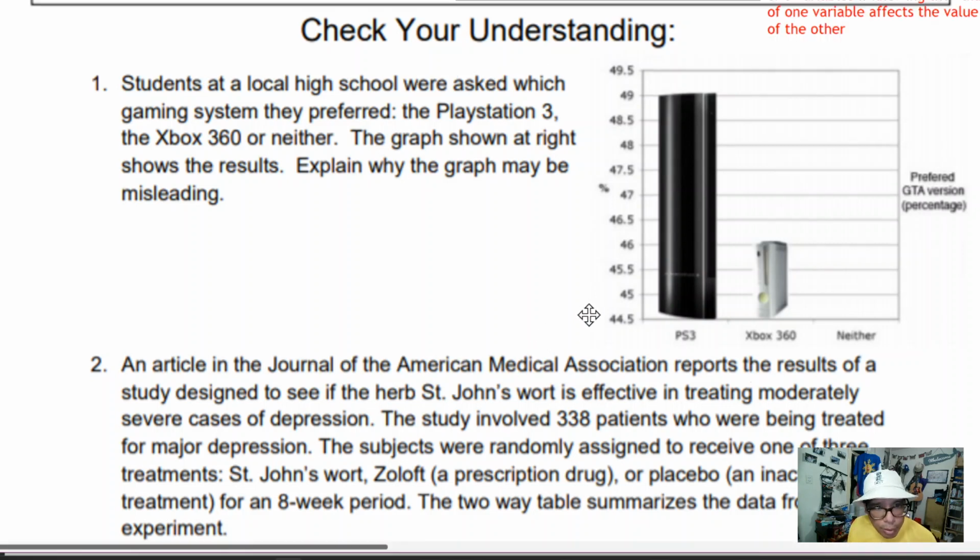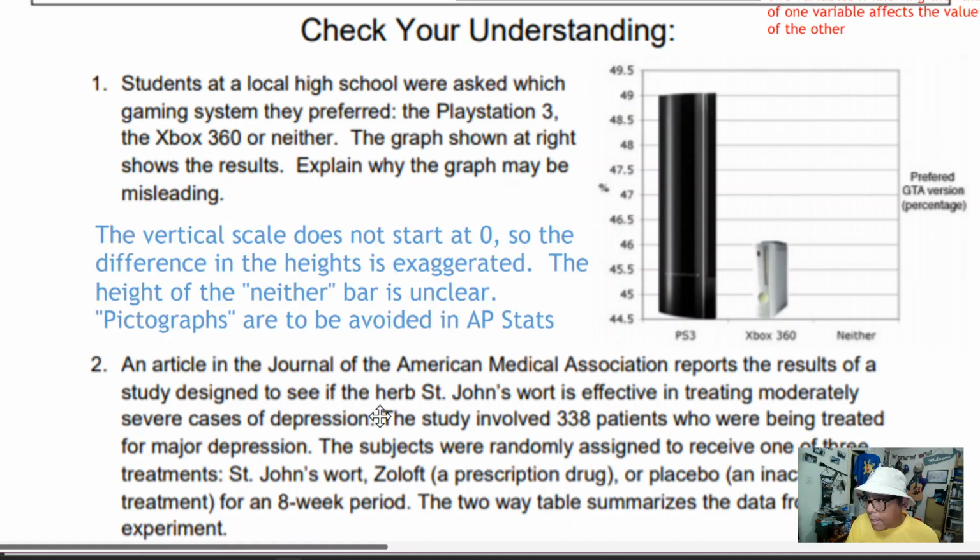Maybe you want to look down over here at the vertical axis and see what vertical axis we're given. And yeah, that seems to be a big problem. The vertical scale doesn't start at 0.